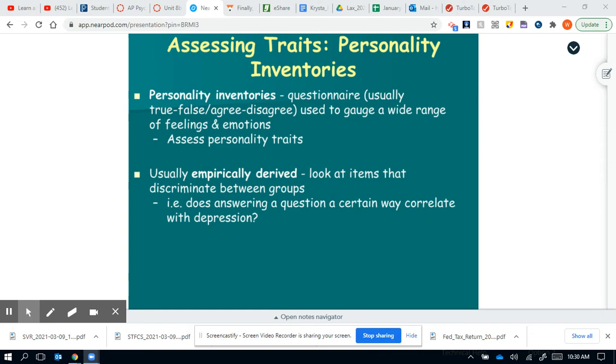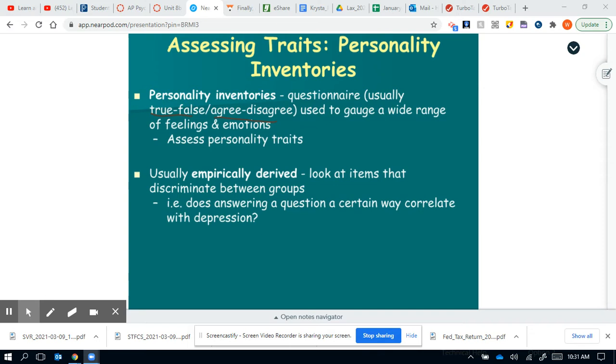So, how do we assess personality in the trait perspective? In the psychoanalytic perspective, it's projective tests, the TAT and the Rorschach. The trait perspective uses what are called personality inventories. An inventory is just a questionnaire. There's usually true-false questions or agree, disagree.